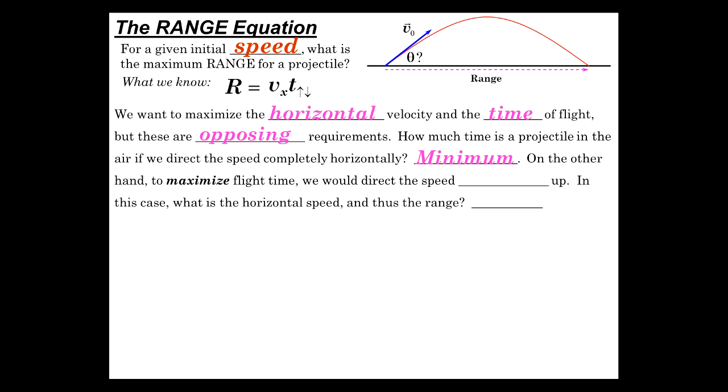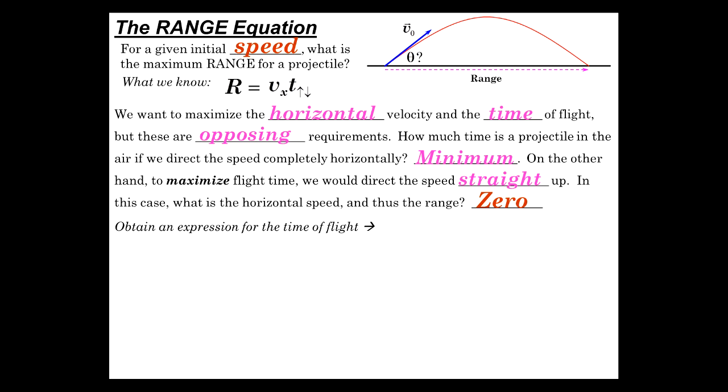In any case, it minimizes the time if you project it horizontally. To maximize the time, we would direct the speed vertically, right? Straight up. But then what's the horizontal speed? The horizontal speed would be 0. So the range is 0. Doesn't matter how long it's in the air. Didn't go anywhere. All right, so you see the tension we're going to wrestle with here.